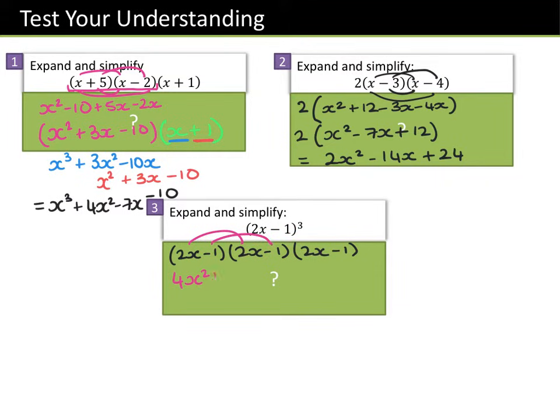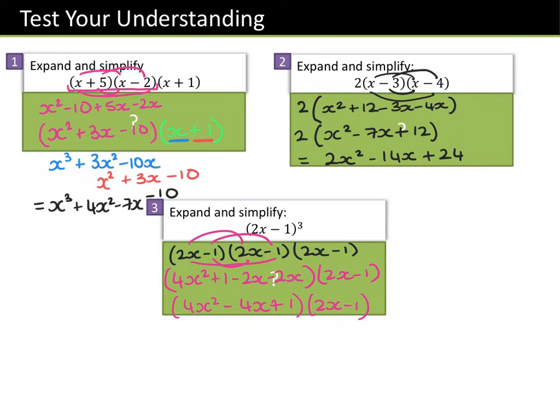Minus 1 times minus 1 is positive 1. Minus 1 times 2x is minus 2x. 2x times minus 1 is minus 2x. That's all multiplied by 2x minus 1. Again, though, I'm going to simplify the first bracket. So I'm going to get 4x squared minus 4x plus 1 multiplied by 2x minus 1.